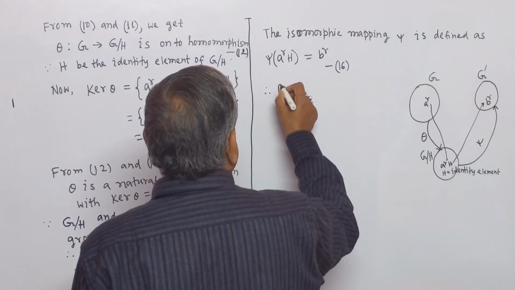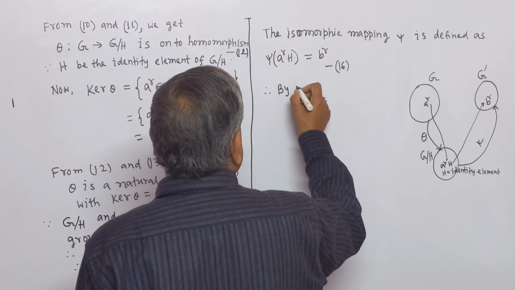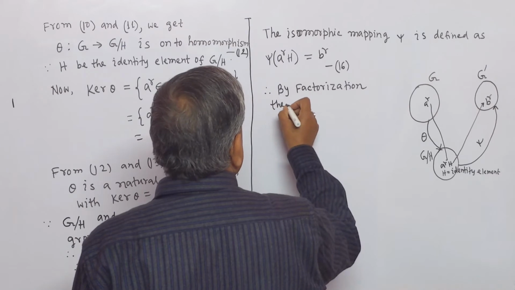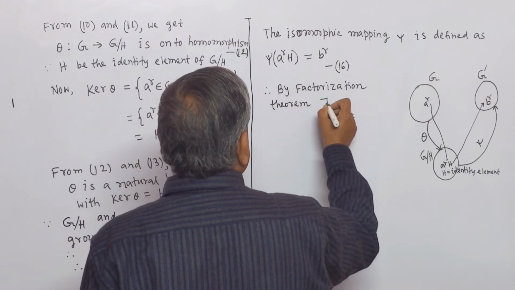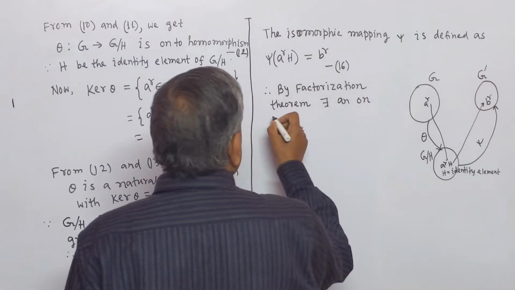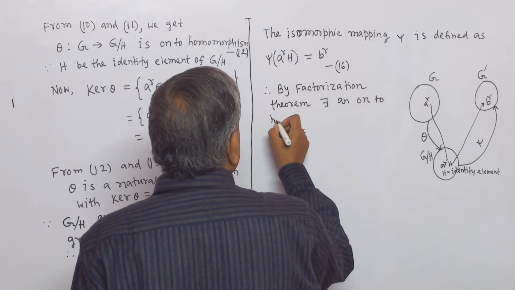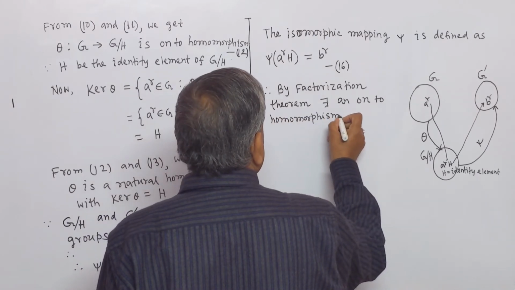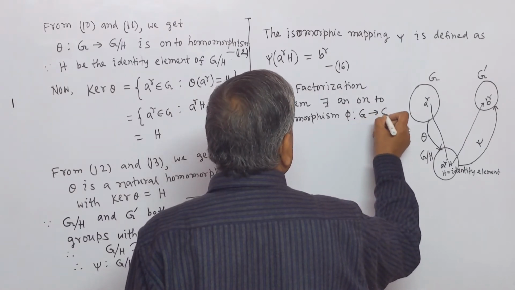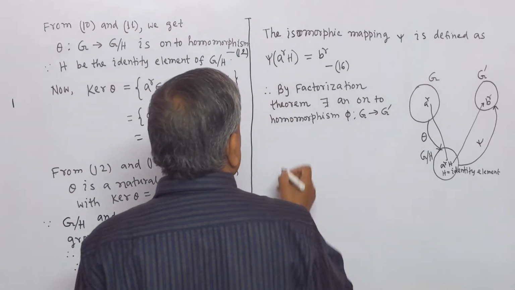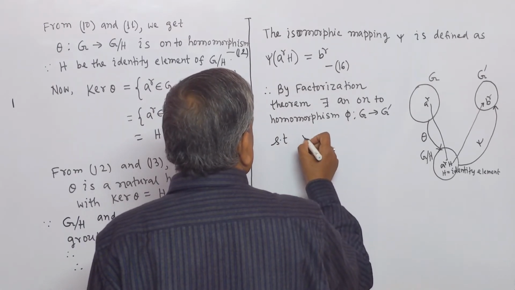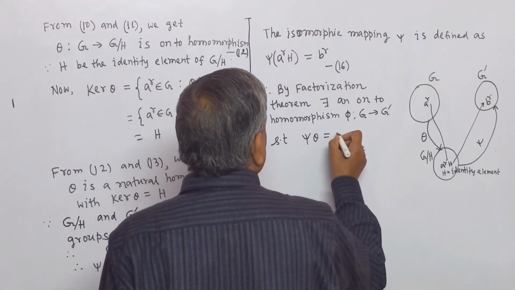Therefore, by factorization theorem, there exists an onto homomorphism phi defined on G into G prime such that psi theta equal to phi.